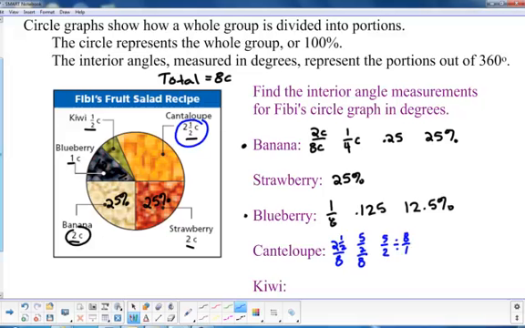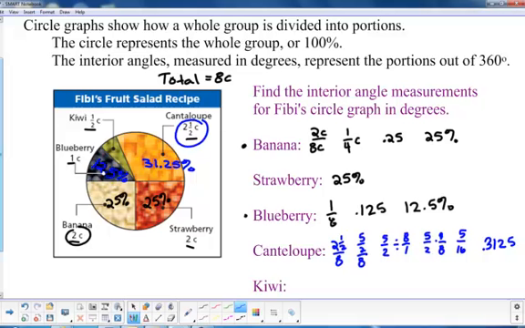And whenever you're multiplying by, or dividing by a fraction, you multiply by the reciprocal. So this is really 5 over 16. If you divide that out, you get 0.3125. So this section right here is 31.25%. And that looks like it makes good sense. I'll put this in blue so you can see it.